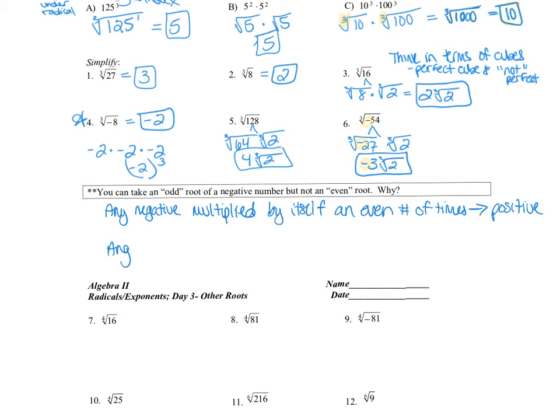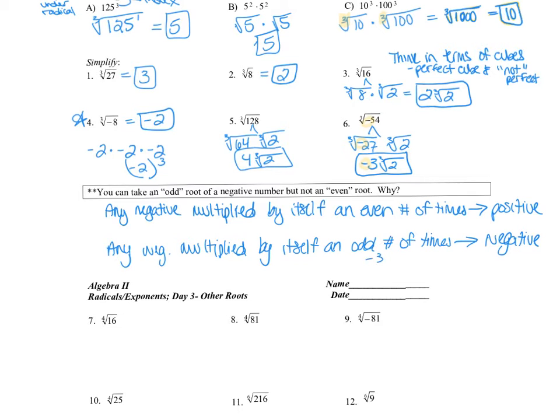However, if you have a negative number that you multiply by itself an odd number of times, think about what happens. Well, that number still stays negative, right?